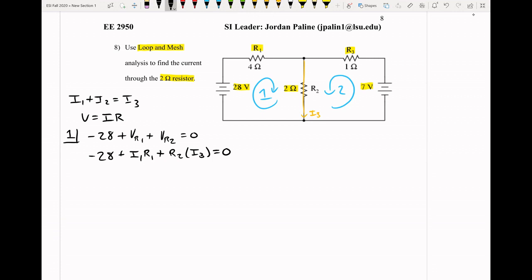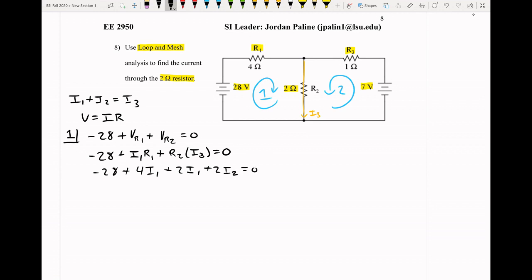Okay, so now we can continue writing and see that if we do negative 28 plus 4I1 plus 2I1 plus 2I2 is equal to 0.